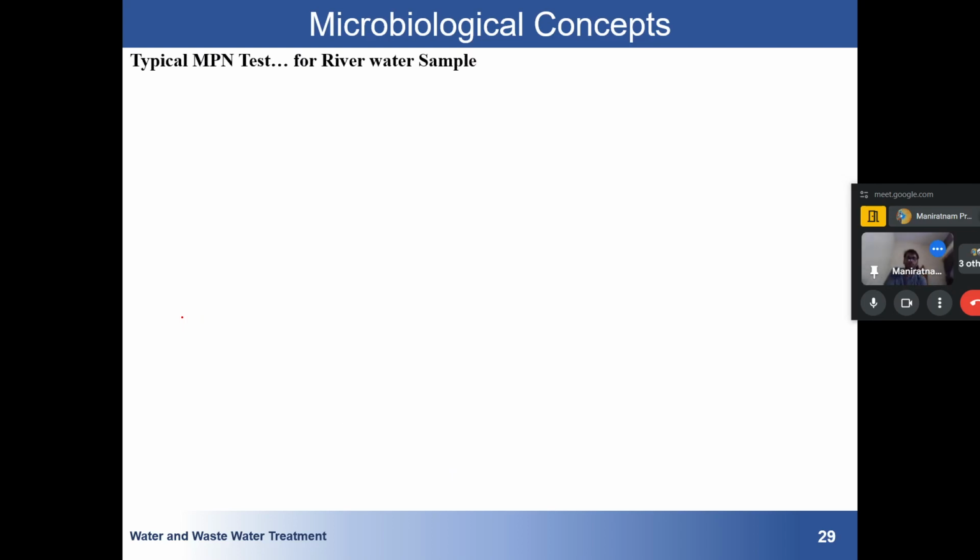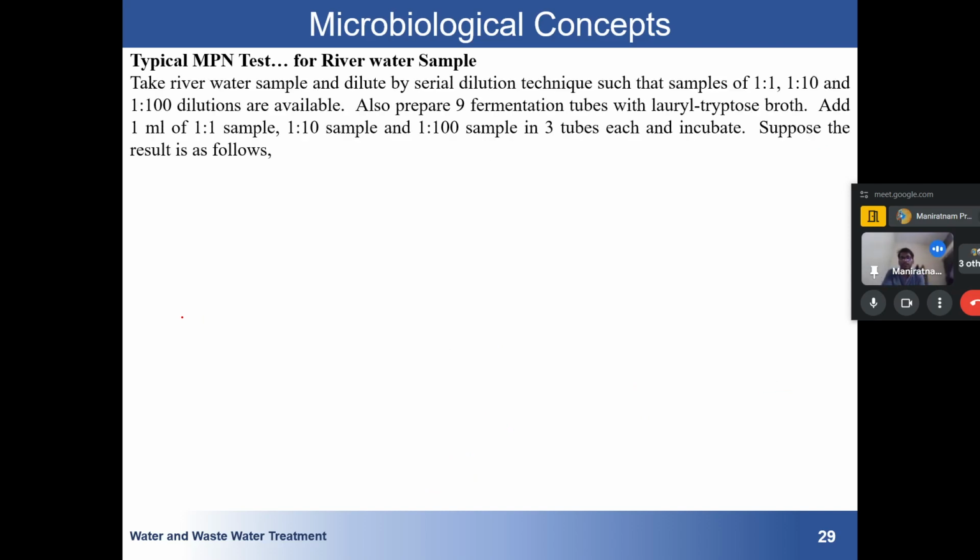So we are just giving you one example of this for a river water sample. We take a river water sample and dilute it serially 1:1, 1:10, and 1:100. Also prepare 9 fermentation tubes with lauryl tryptose broth. Add 1 ml of 1:1 in all three tubes, and suppose the result is shown in this way.